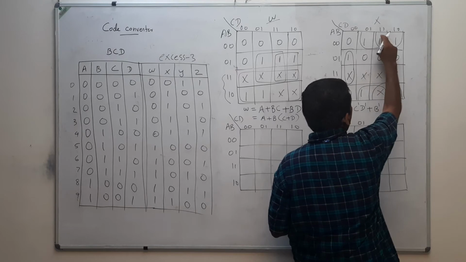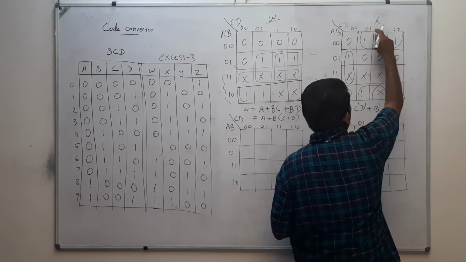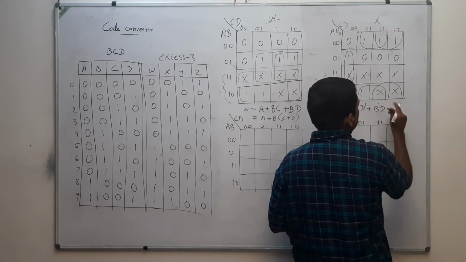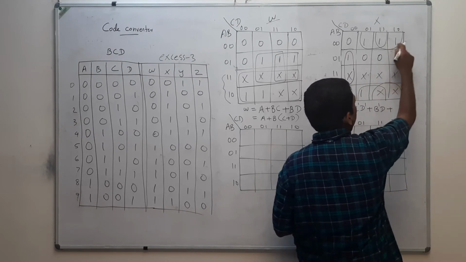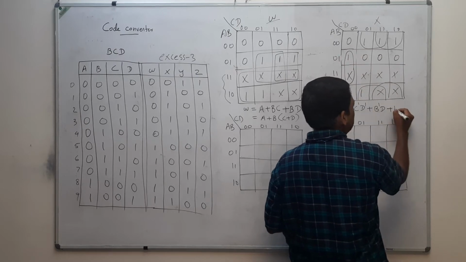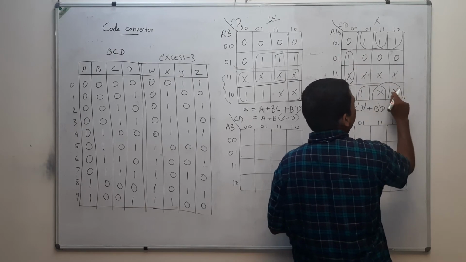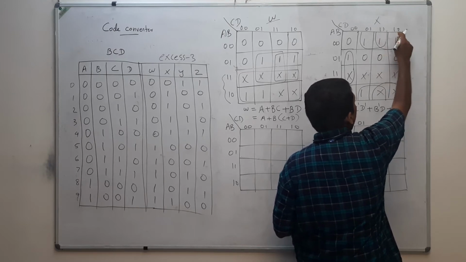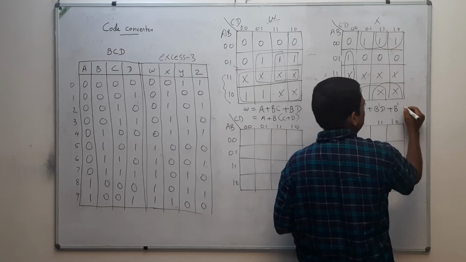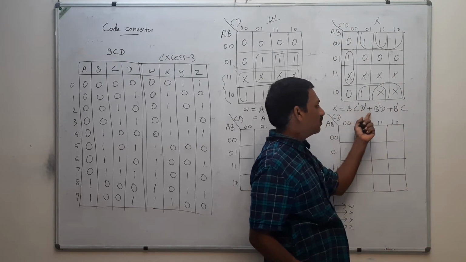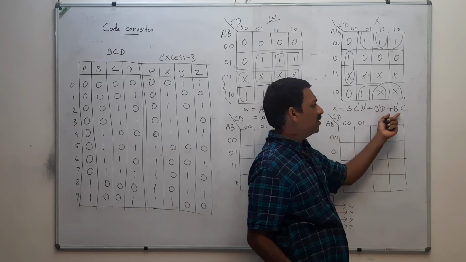And from here to here, what remains is 0, 1 to 1, 1, D, B bar D, plus, for this group, 0, 0 to 1, 0, what remains is B bar. And from here to here, what remains is 1, 1 to 1, 0, which is C. That means B C bar D bar, plus B bar D, plus B bar C.